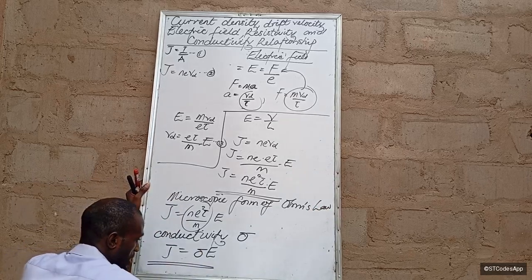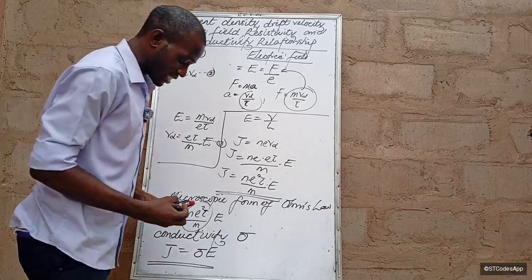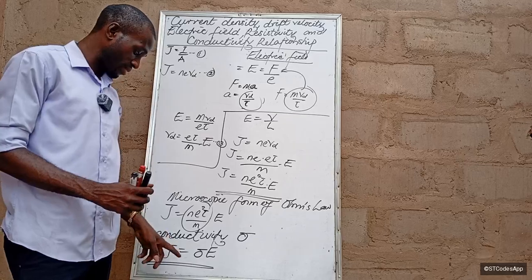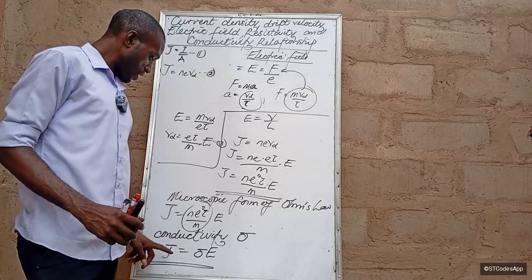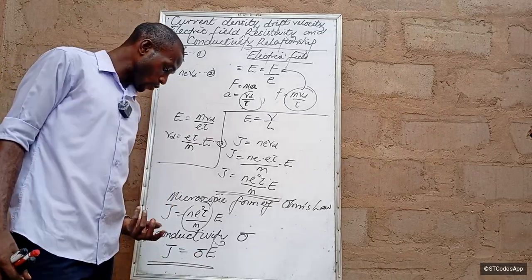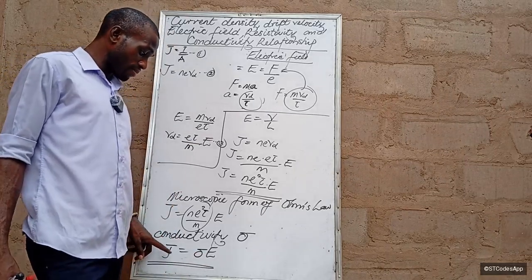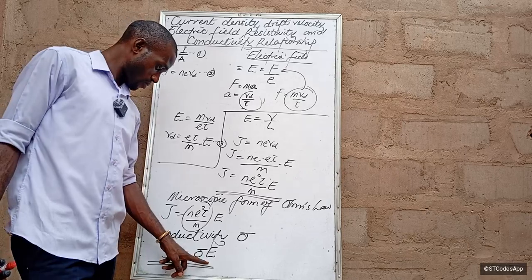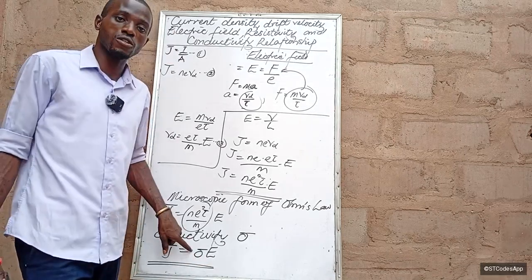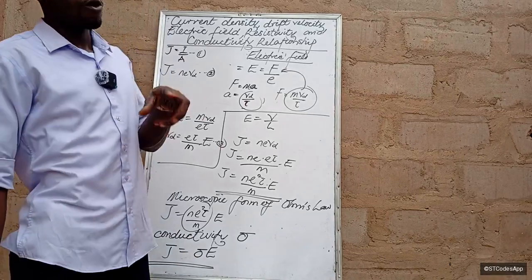That is the current density. Now, what does this tell us? This tells us that the current density is dependent on the electric field, and also on the conductivity of the wire.